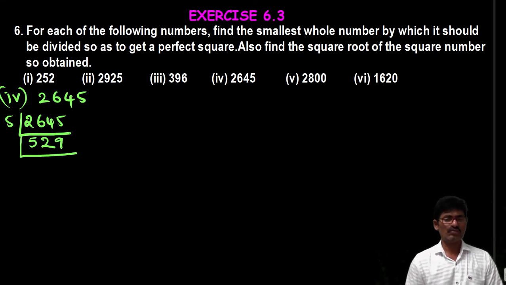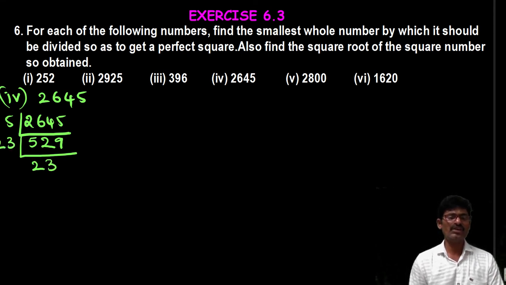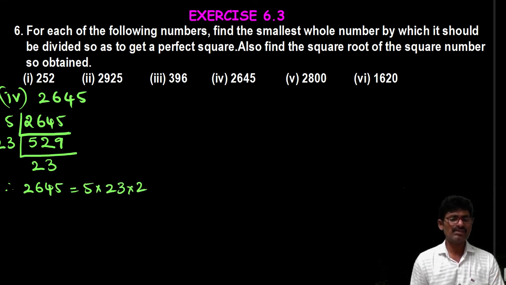Now 529 we have. If you try to divide this with the prime numbers, it will be divisible by only 23. So 23 times 23 is equal to 529. Now therefore 2645 equal to 5 times 23 times 23.